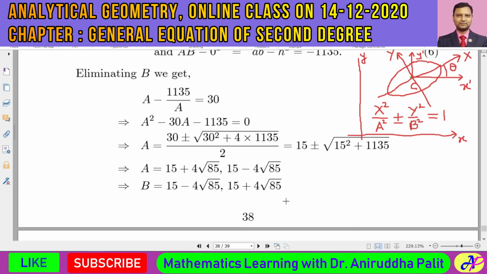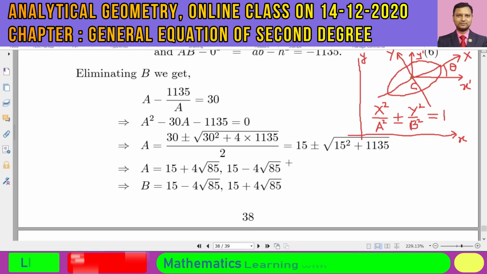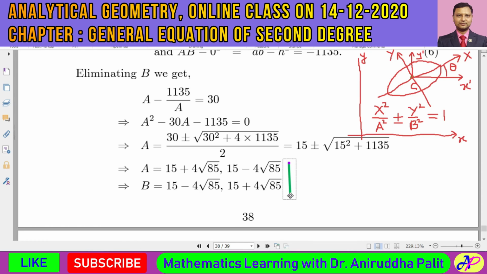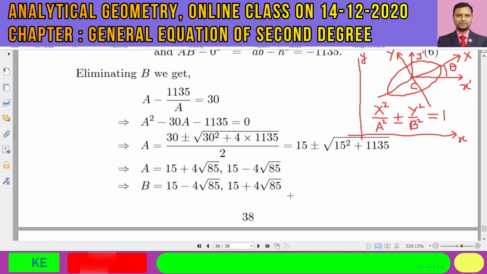If you don't get this kind of values, then some computational mistake would be there in your calculation. So be very careful about this. These are actually checking steps, whether your computation is correct or not.